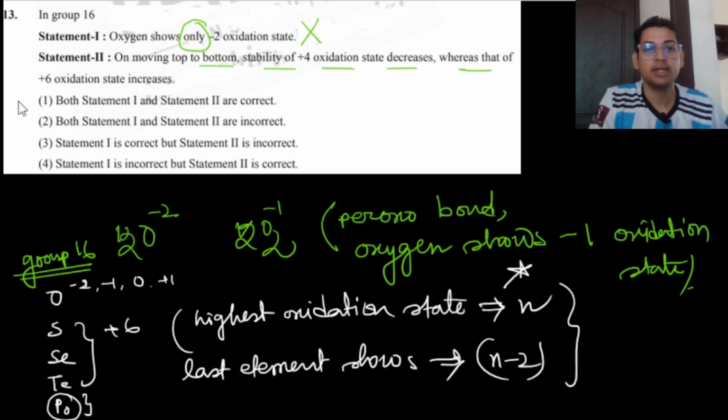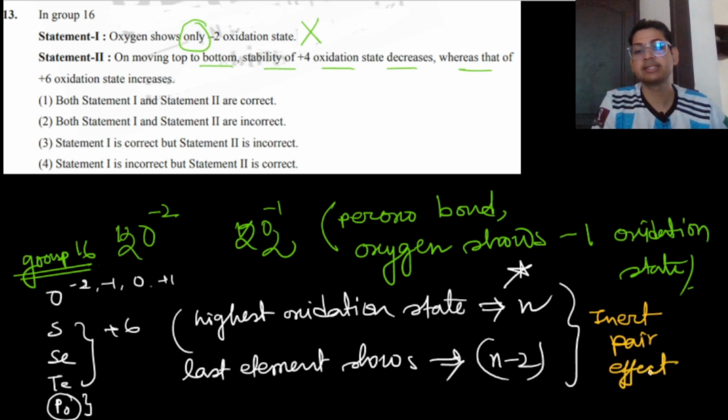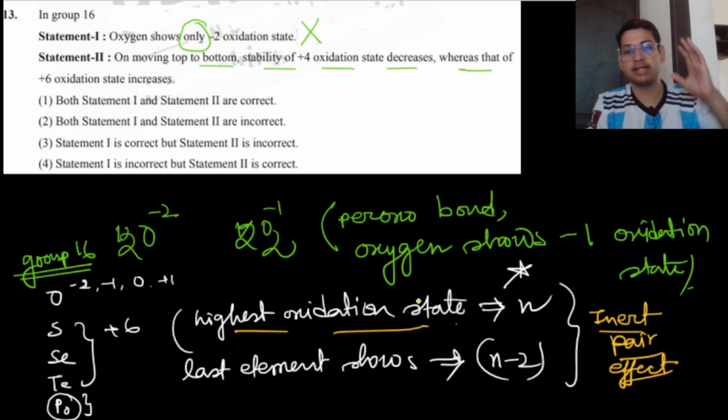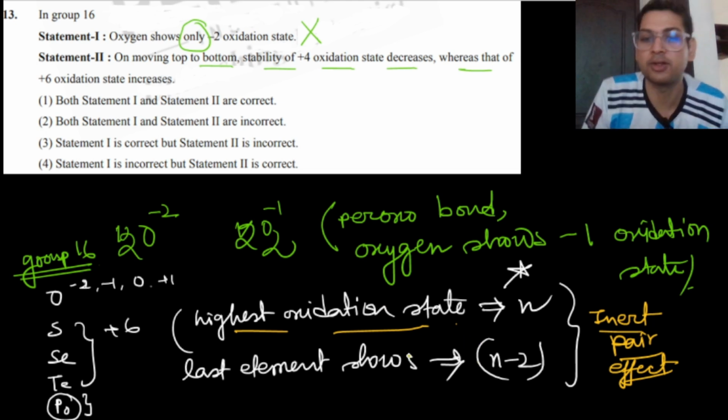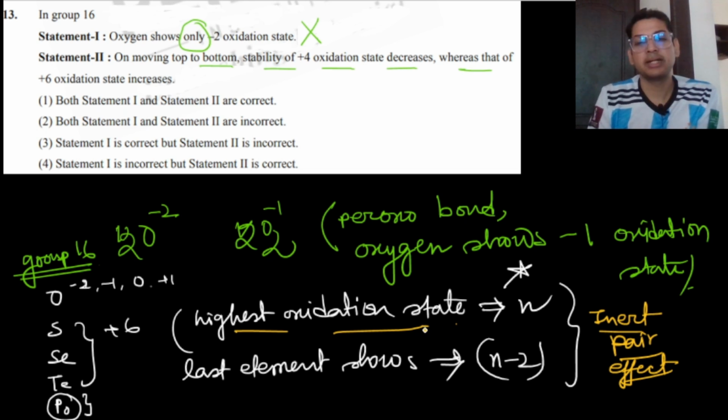This is called the inert pair effect. It's super important. Whatever is the highest oxidation state of the group, the last element's stable oxidation state is N-2, the inert pair effect. I am not discussing what the inert pair effect is right now, but you have to know the name at least.